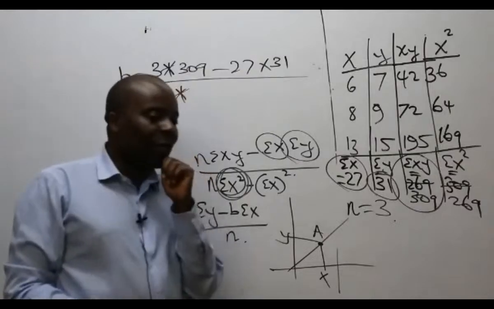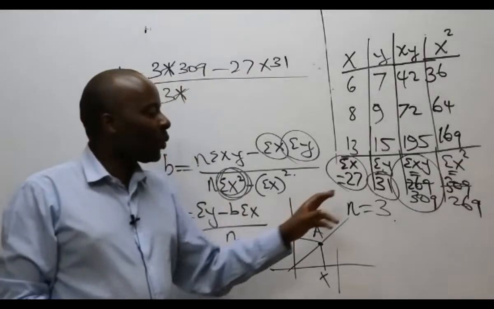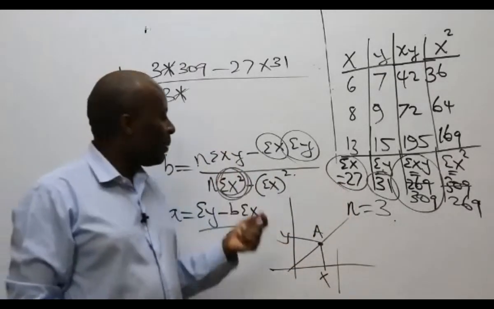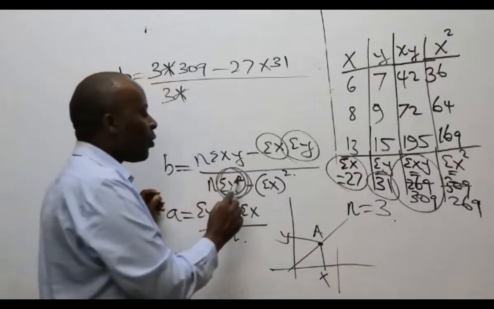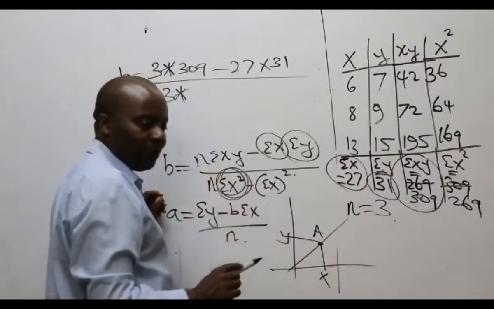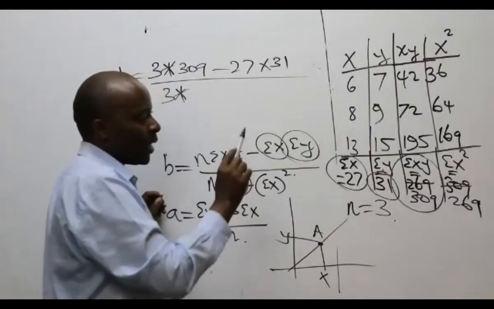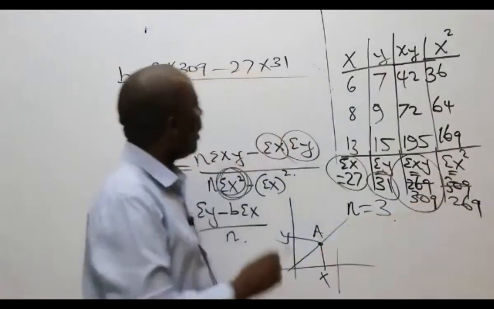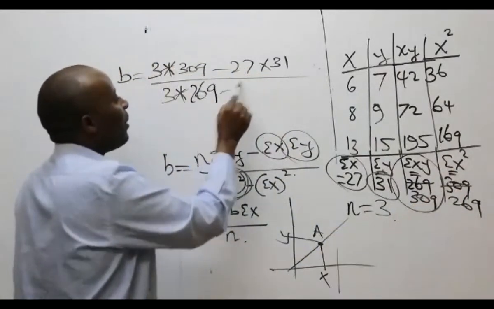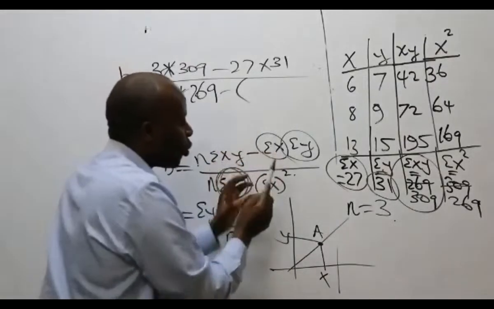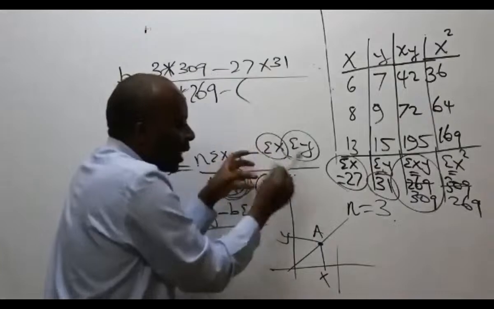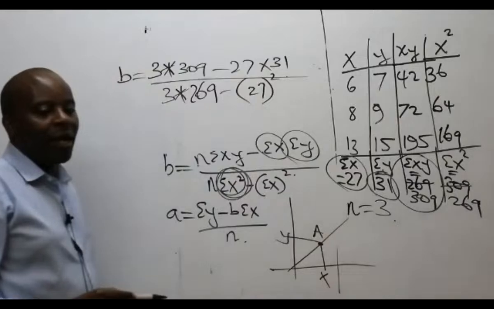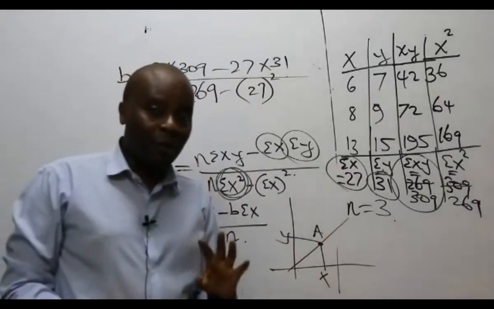Another student told me, teacher, summation x squared is equal to 27 squared. That is wrong. For summation x squared, first of all, they want you to square x alone. Summation of x squared is here, so it is 269 minus, in brackets, summation of x, which is 27, and outside the bracket we square.